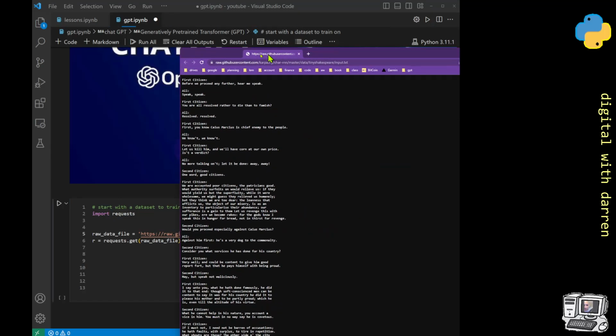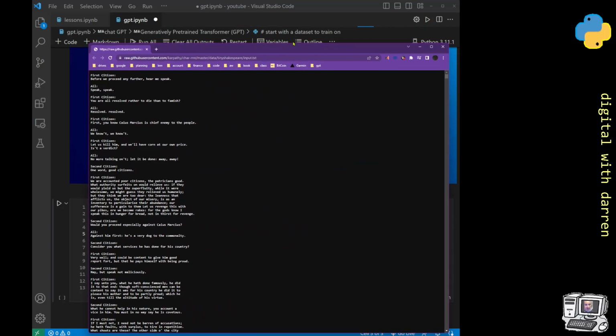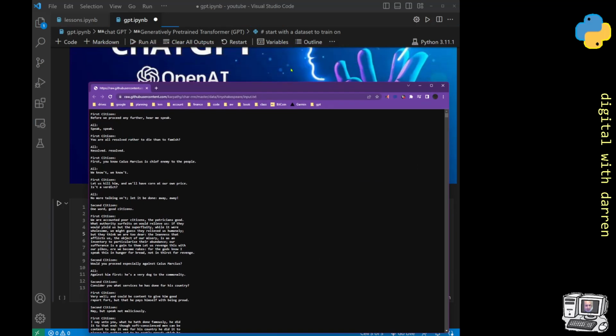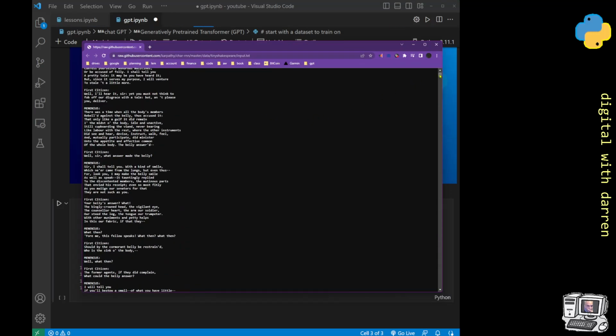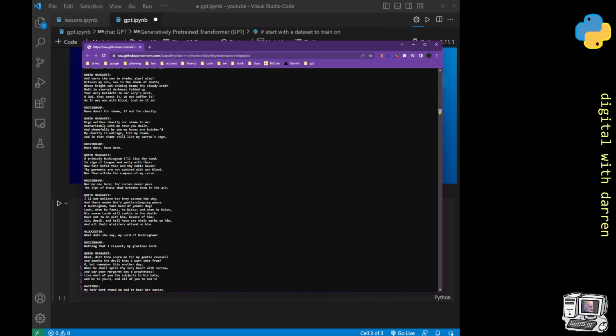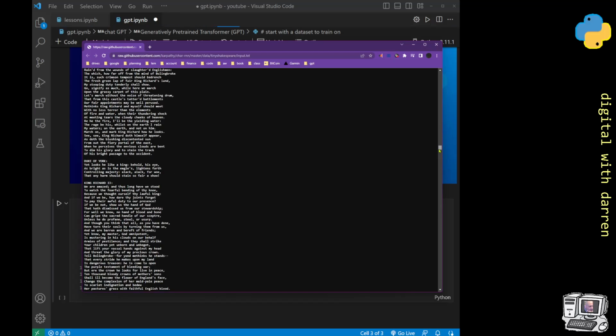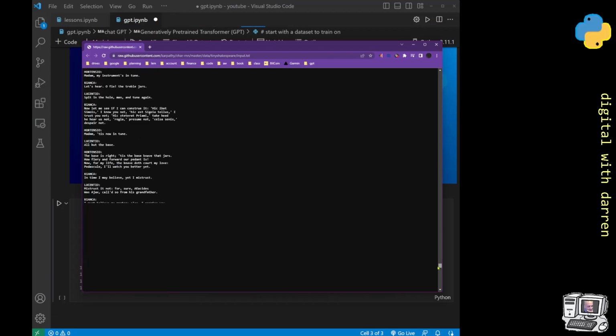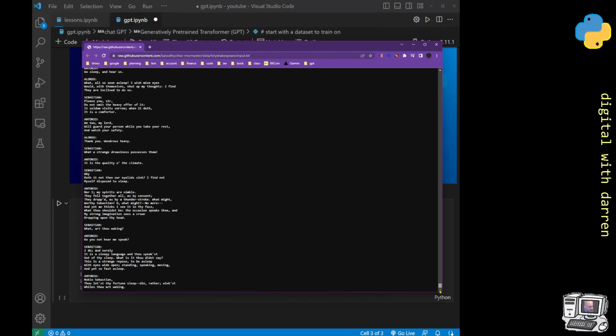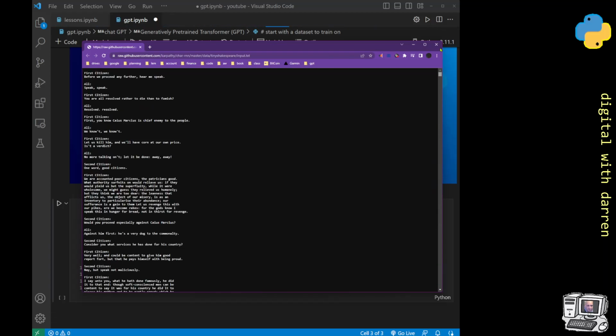So this is what Tiny Shakespeare looks like, which I understand is a collection of all of Shakespeare's writing, literally everything that he's ever written. And I think there's like 1,000,000 words or something like that in there. So we're going to be working effectively on this data, which is this 1,000,000 words.